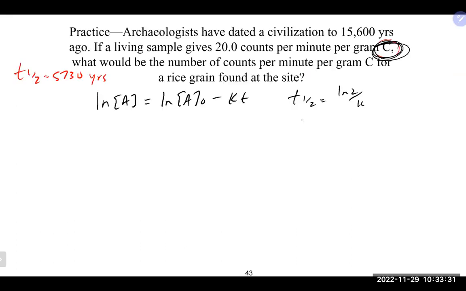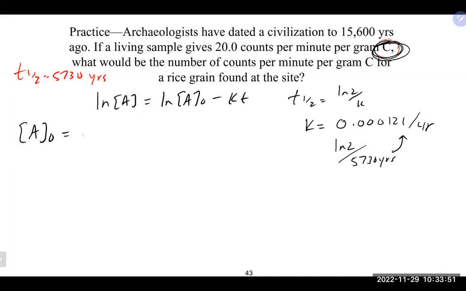In this particular case, that basically will give us the exact same decay constant as what we had before, through the exact same calculation, taking the natural log of 2 divided by 5730 years will get us the exact same guy.